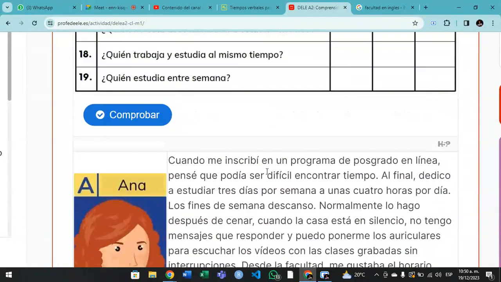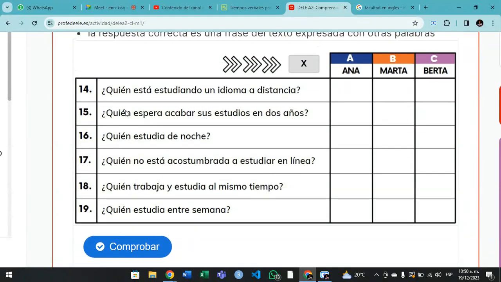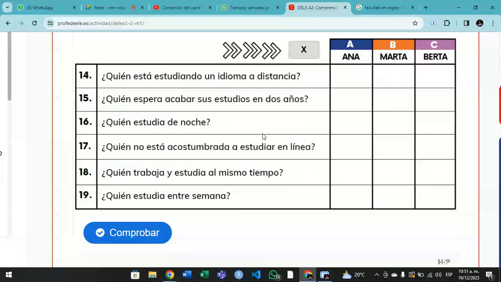Okay, and now you're going to choose which option goes with Anna. So is she studying a language like online, a distancia? I think so. I think it's English.